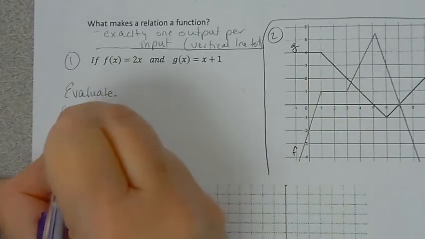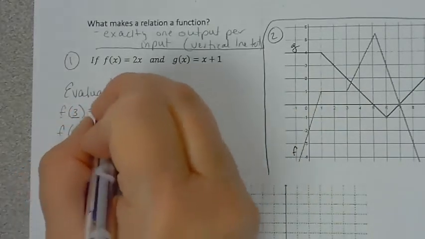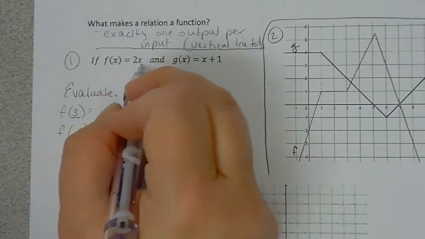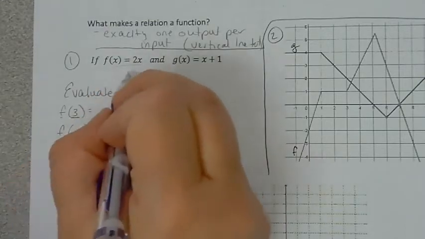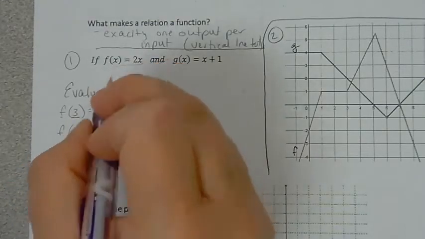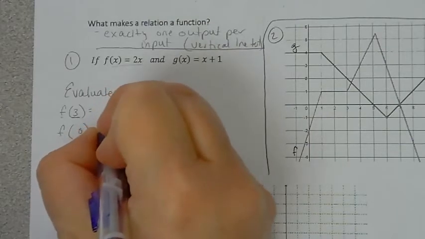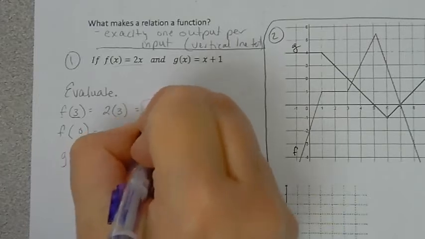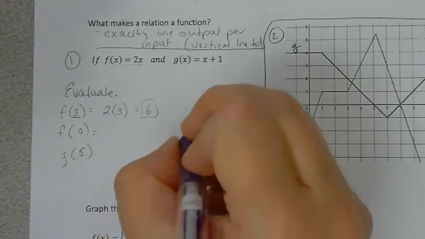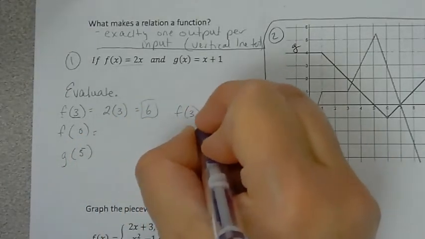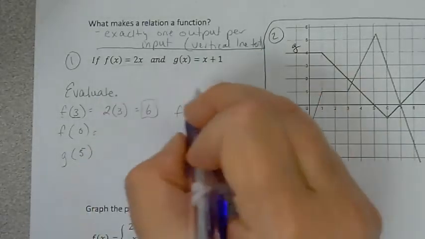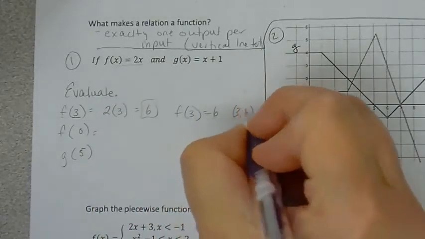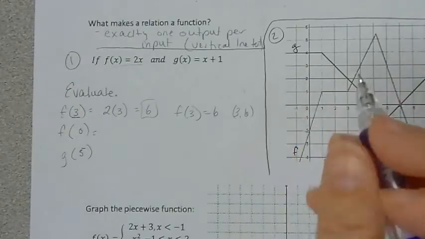If I want to evaluate f of 3, that means I want to use the f function, but I want to put 3 as the input value. So since the f function is 2 times the input, it's going to be 2 times 3, which is 6. So I could say that f of 3 equals 6. So if I graph this function, there would be a point 3, 6 on that function.